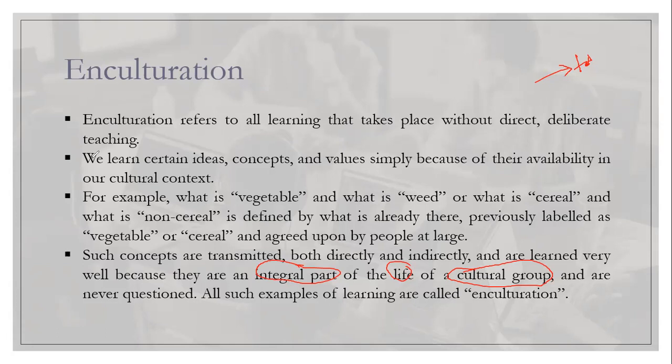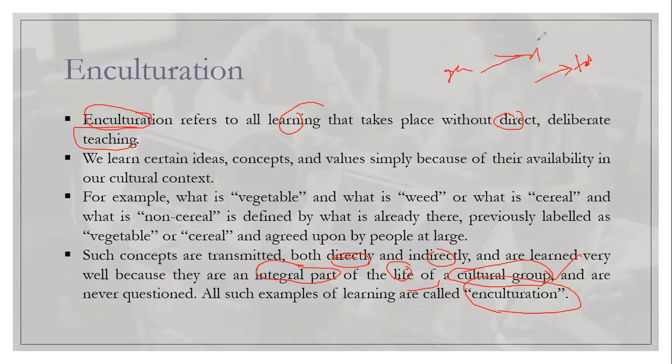All such examples of learning are called enculturation. So the learning which takes place without direct and deliberate teaching is enculturation. What are the examples? Certain ideas and concepts which are already existing, both directly and indirectly transmitted, because they are an integral part of the life of the cultural group, the group which you are living in.